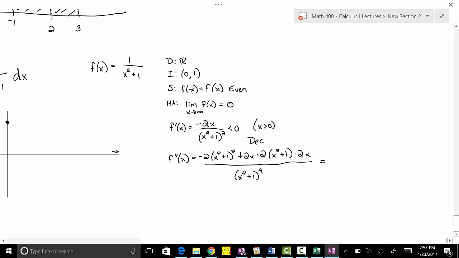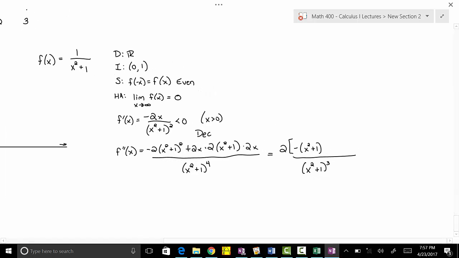Both terms in the numerator have a 2 and an x squared plus 1, and the x squared plus 1 will cancel with 1 downstairs. So I'll have a 2 times, and downstairs an x squared plus 1 cubed. I factored out a 2, so I'm left with a negative x squared plus 1, since I've only factored out one of the powers, plus 2 times 2, and I've already moved one of the 2's out, so plus 4x squared.